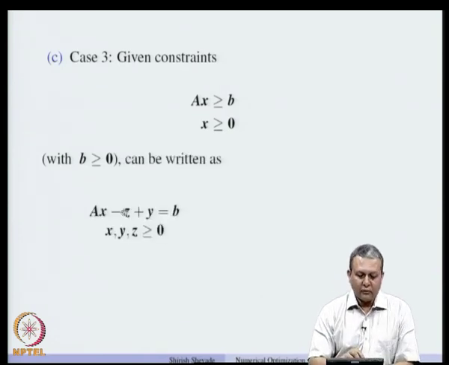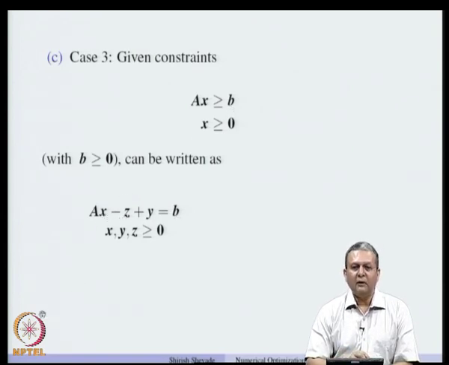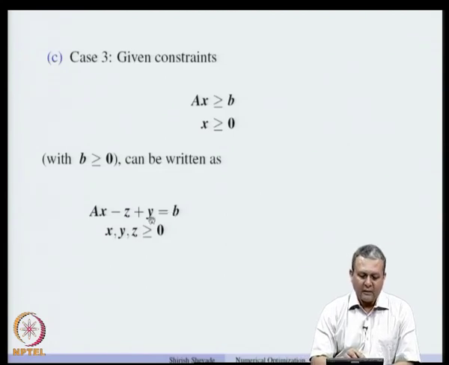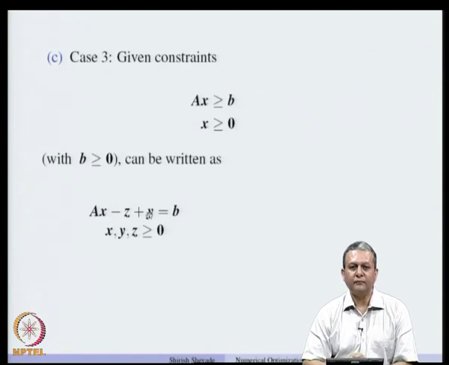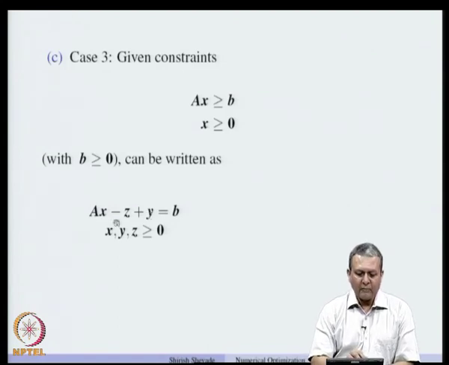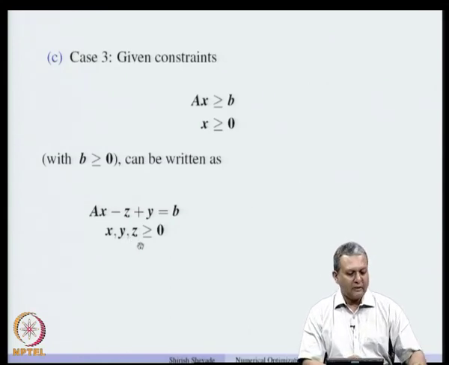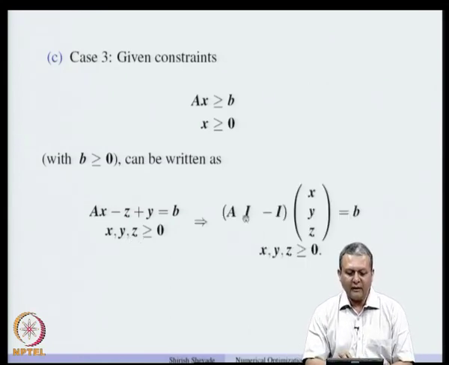So, Ax greater than or equal to b can be written as Ax minus z plus y equal to b. When we introduce surplus variables, we wrote this as Ax minus z equal to b, but in order to get an initial basic feasible solution, we add these artificial variables y. So, we have Ax minus z plus y equal to b and x, y, z non-negative, and this can be written as [A, -I, I] times (x, z, y) equal to b and x, y, z non-negative.